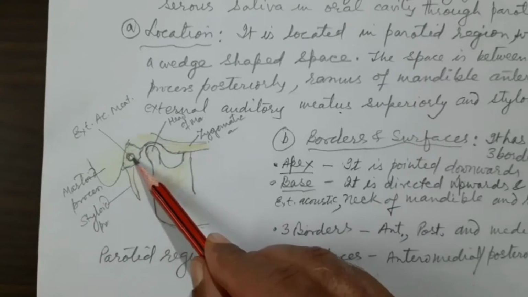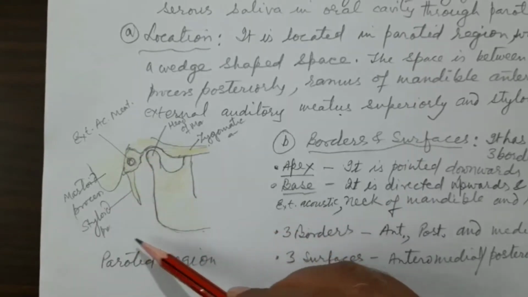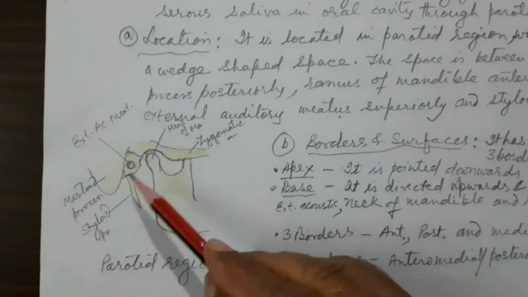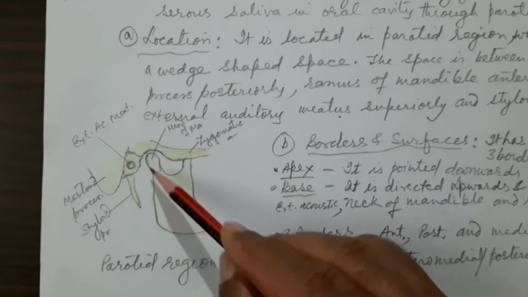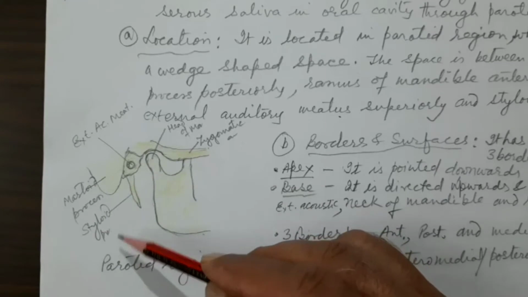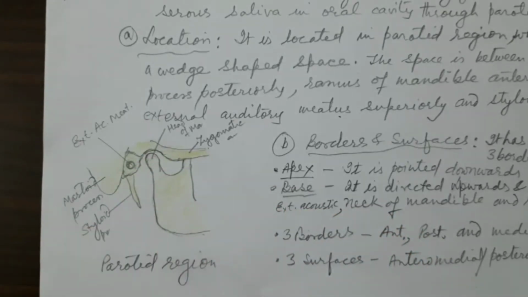There is an external acoustic meatus located superiorly in this parotid region, and the styloid process is also located medially. Thus, you have got an idea about the parotid region from this dry skull diagram, and in this vase-shaped space the parotid gland is located.